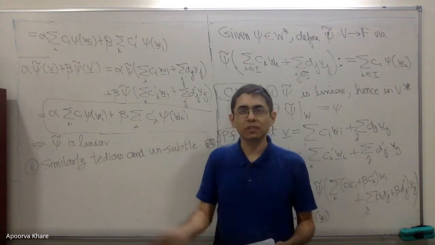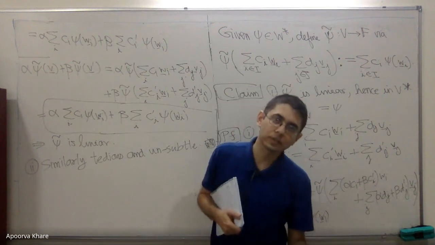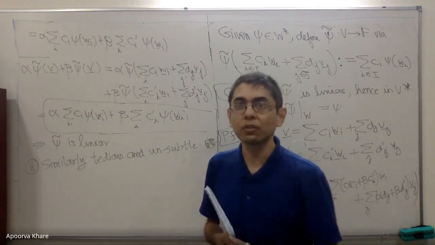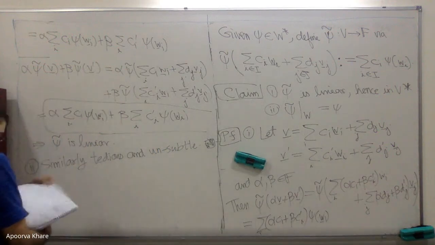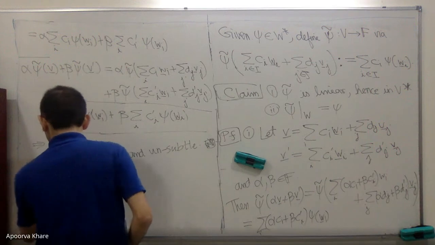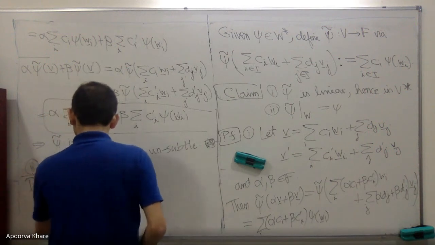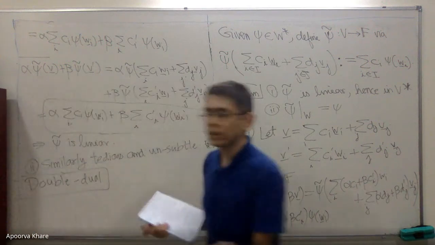I'm just telling you a bunch of different things you encounter in linear algebra: dual spaces, perp-spaces, and now we get to the next thing we encounter, which is the double dual. Pretty much exactly on time. The definition is straightforward.